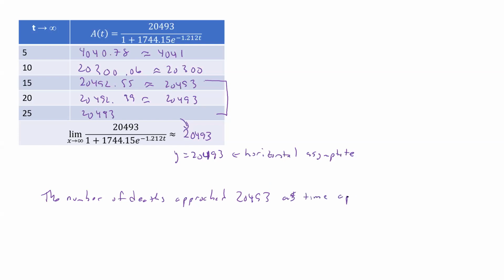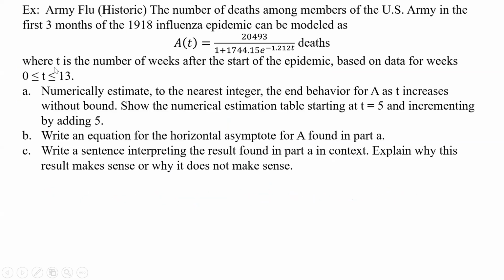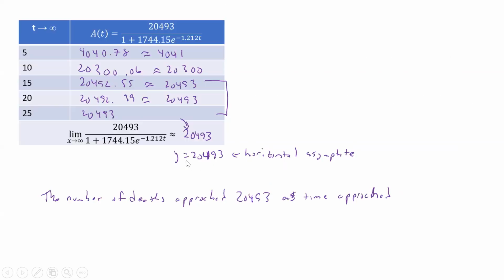And remember, this was for 0 to 13, so as time approached the 13 weeks, that's kind of where it's getting.